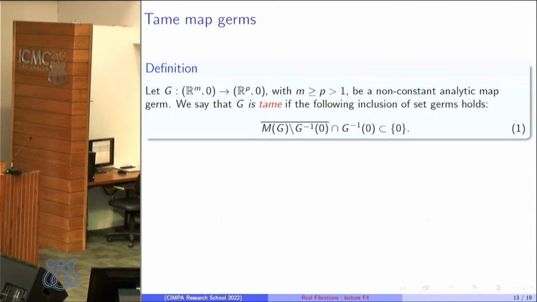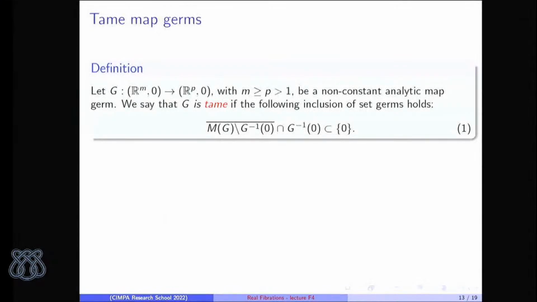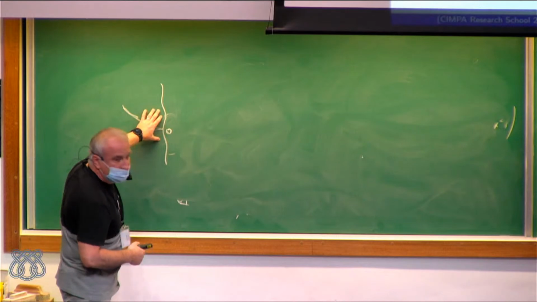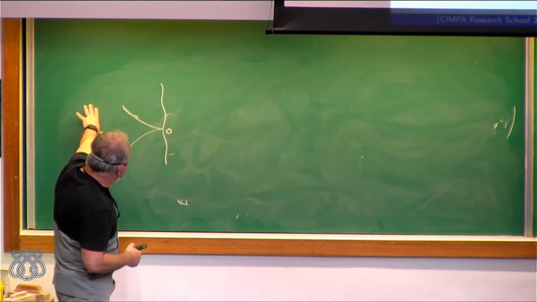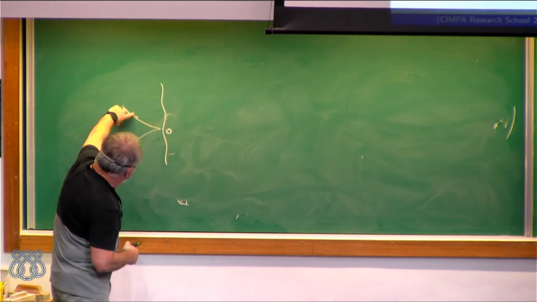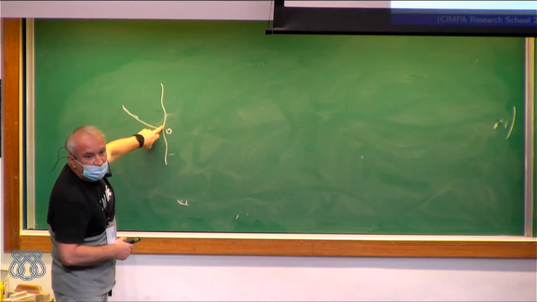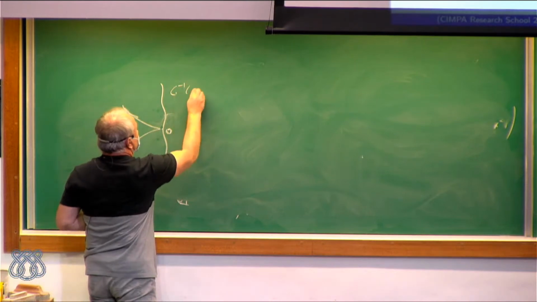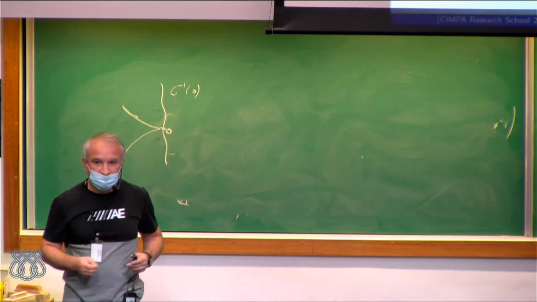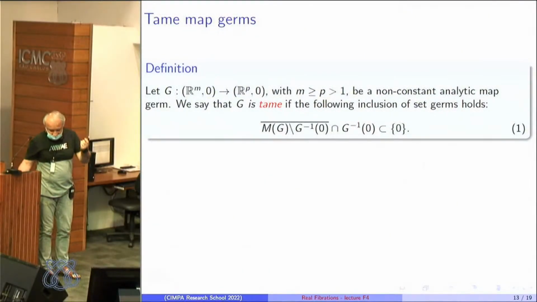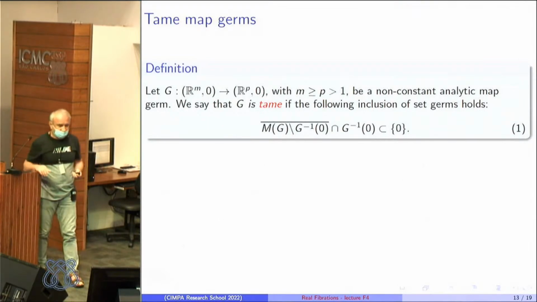If this is the fiber, the Milnor set can come like that. So the fiber could be thick. The Milnor fiber, you don't know what happens here, but when you take the closure of the Milnor set without the fiber, it is going to intersect g inverse of 0 just at the origin. So this is the condition that is going to do the job for us, in fact.